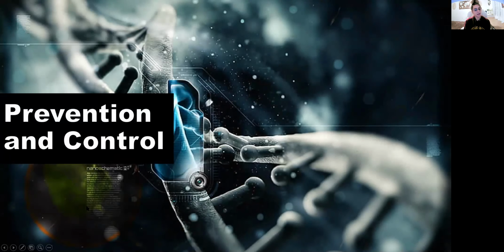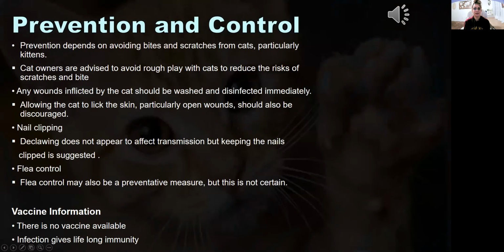Okay, on to prevention and control. Now, this depends on avoiding bites and scratches from cats, particularly kittens and strays. Cat owners are advised to avoid any type of rough play with the cats in order to reduce their risk of getting scratched or bitten, or the transference of saliva onto a person.